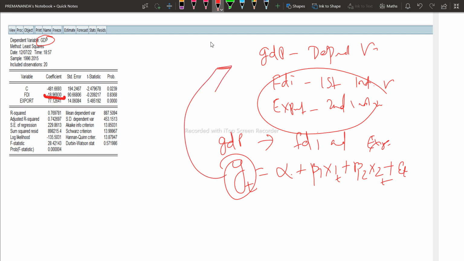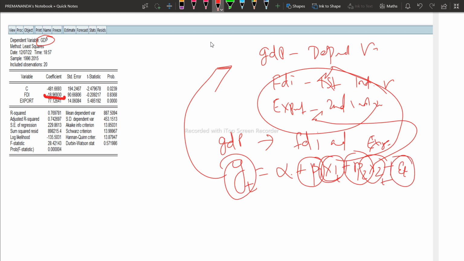Then beta 1 is my coefficient of the first independent variable, that is FDI. Then x2 is my second independent variable, and beta 2 is my coefficient of the second independent variable. Error term is the random disturbance term, or it is known as stochastic.